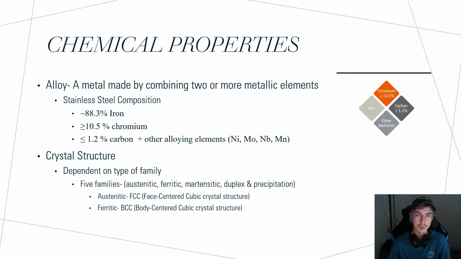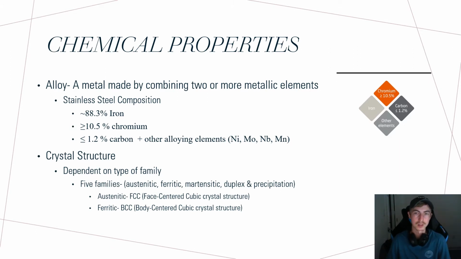And then I would like to talk about the crystal structures of stainless steel. The crystal structure of stainless steel is dependent on the type of family. There are 5 families, which are the austenitic, the ferritic, martensitic, duplex, and the precipitation families. But primarily only 2 of the families are dominant.